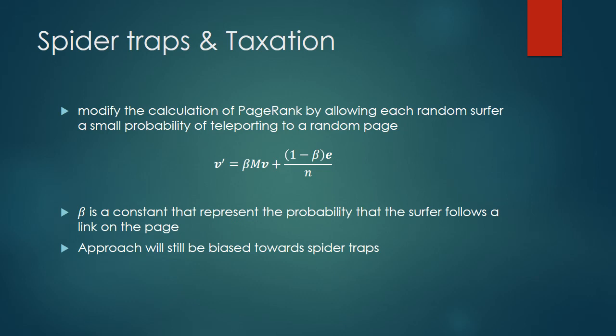That is the reason why you won't make it very small. You will eventually get there, but it's going to take too long to solve. So typically 0.8, 0.9 is what people end up using, which makes it still biased towards these.